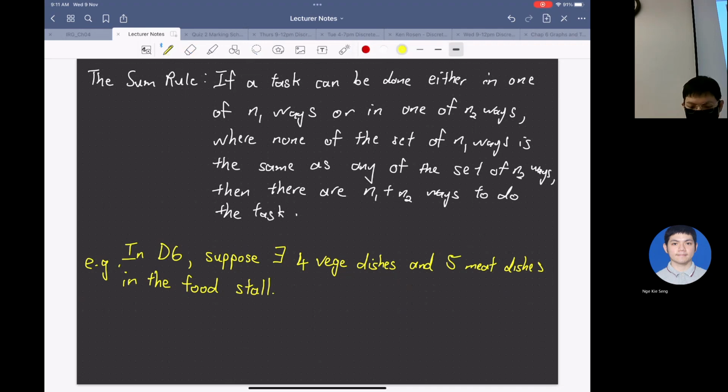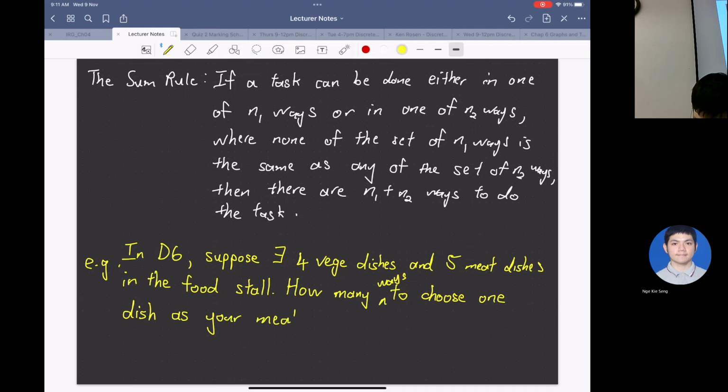Okay. So let's say you want to be on a diet. You are on a diet now. So how many ways to choose just one dish? You can either pick a veg or you can pick a meat.